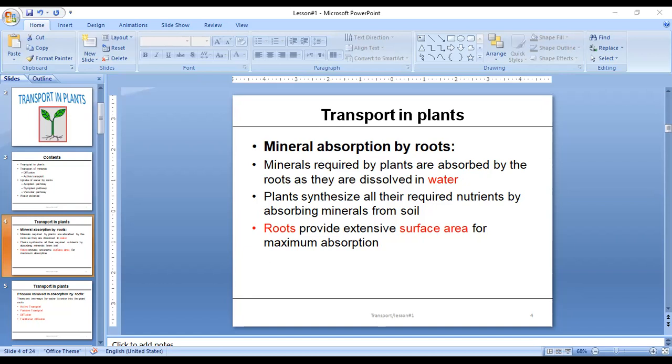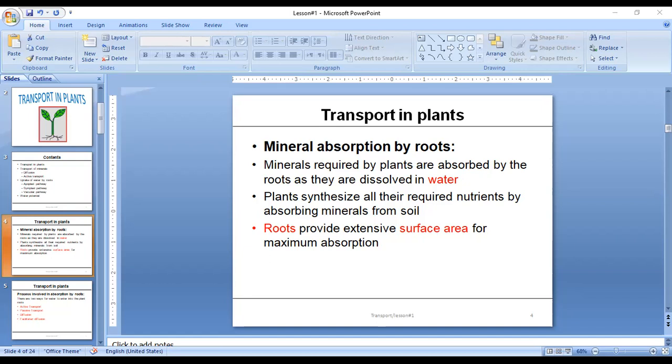The source of minerals for the plants is just the soil water which they will absorb from the soil. The plants synthesize all their required nutrients by absorbing minerals from the soil.